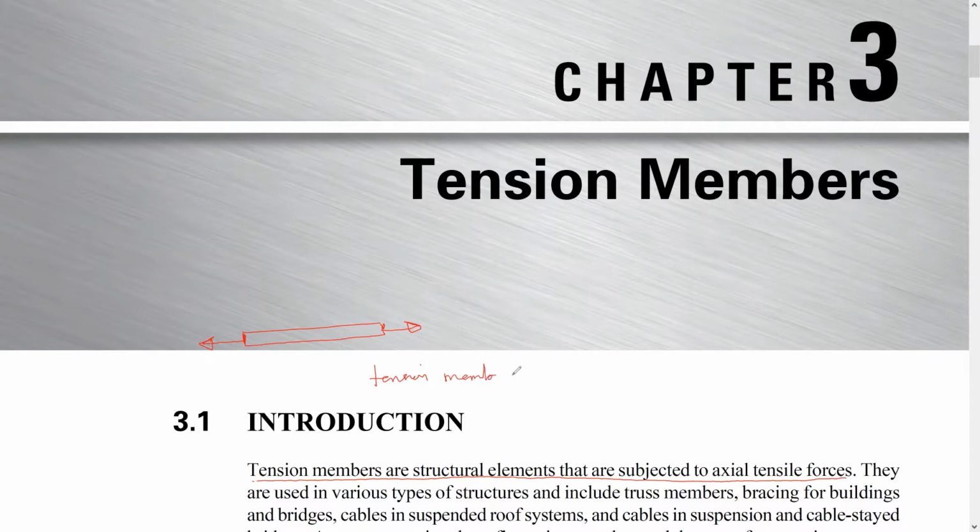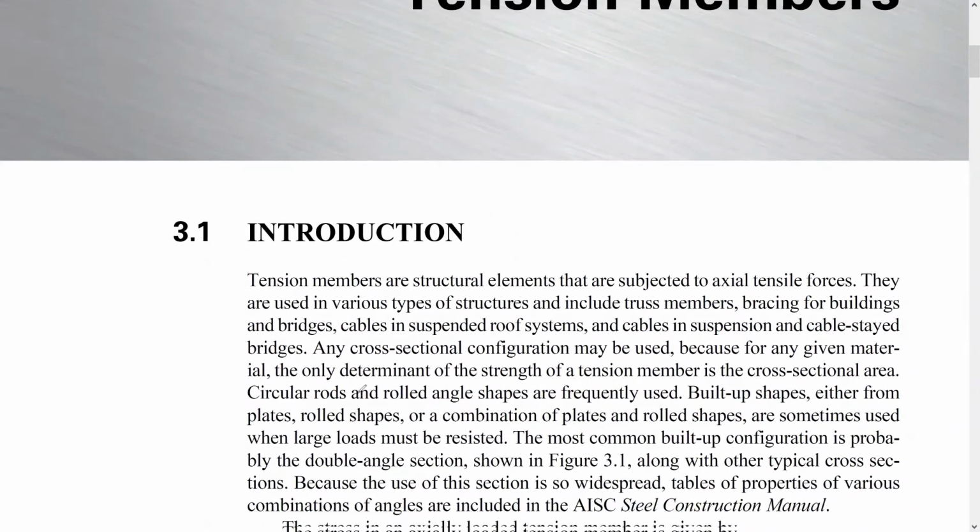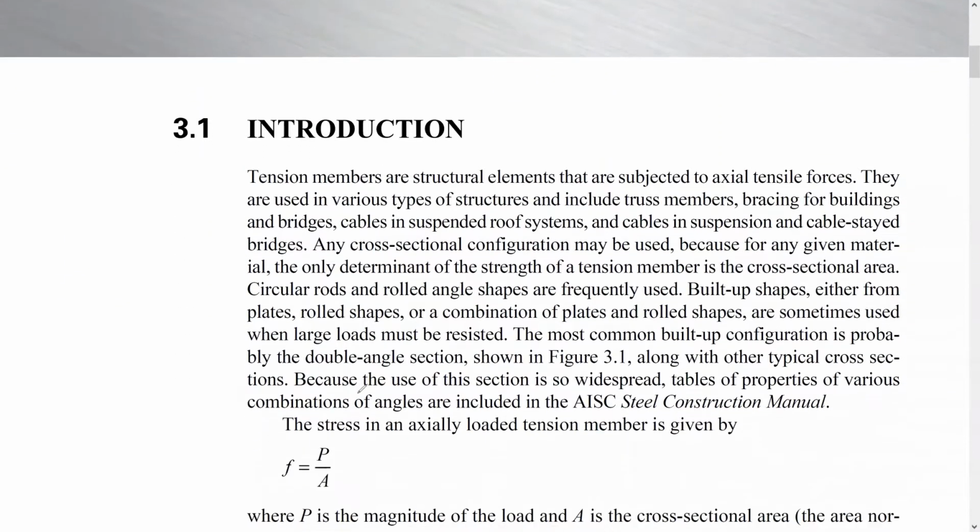In detail, we will study the tension members in this chapter: how to design them, how to check them, and how to take out the hole effect. So let's move down and see how we do that. Where do we use tension members?